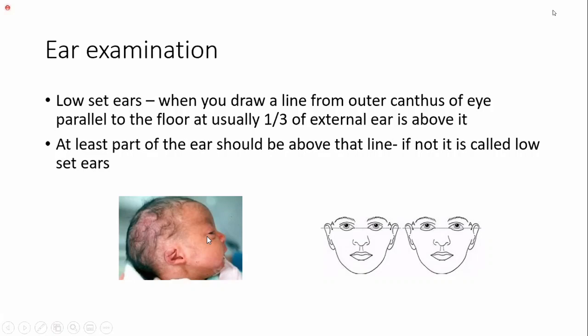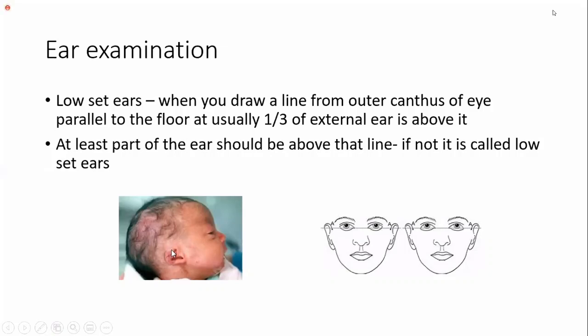If you remember, the ear actually forms somewhere down in the neck and then gradually migrates upwards to its final location. So any abnormality in the embryo might arrest the ear from ascending into the normal position, so it can be associated with other abnormalities as well. This is a feature of some other syndromes, but you should know it's a low set ear.